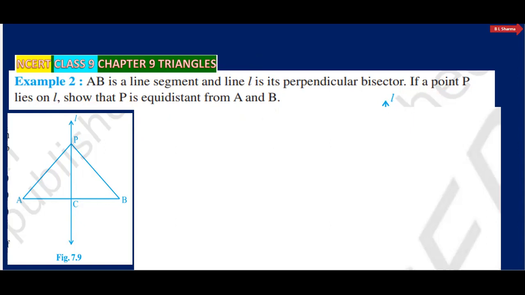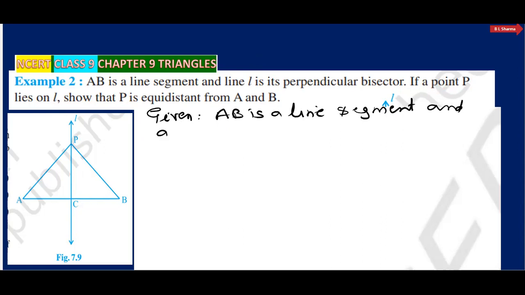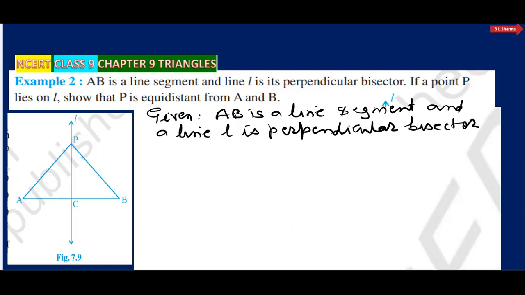So here we have to write first what is given. So what is given? AB is a line segment, and a line L is perpendicular bisector of the line segment AB.